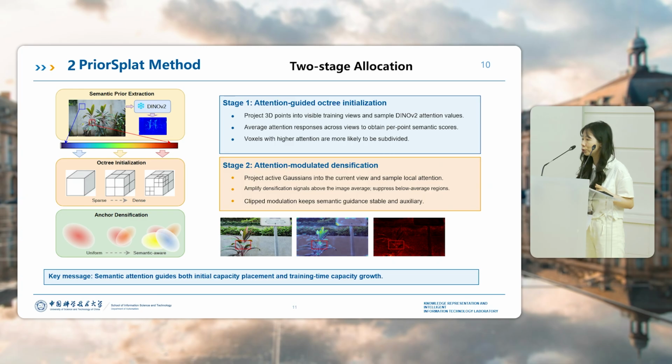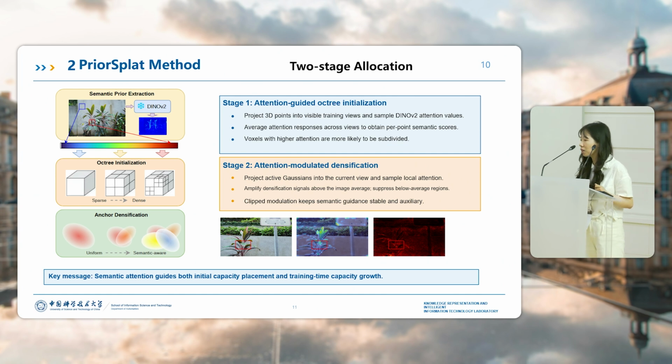In stage 2, during training-time densification, we project active Gaussians into the current view, sample the local attention, and amplify densification signals in above-average attention regions while suppressing below-average ones.